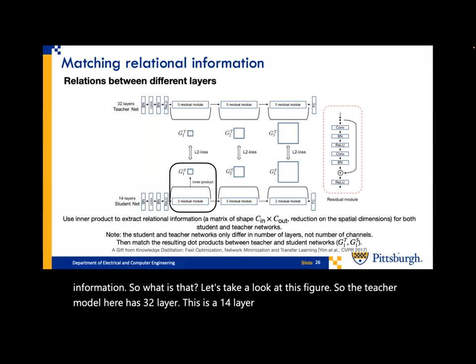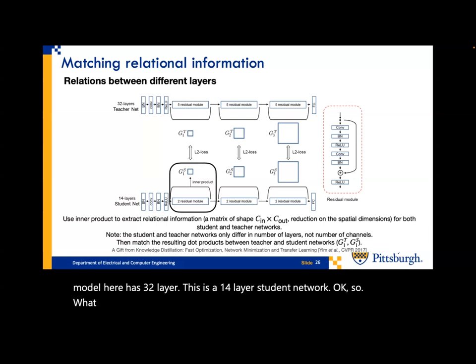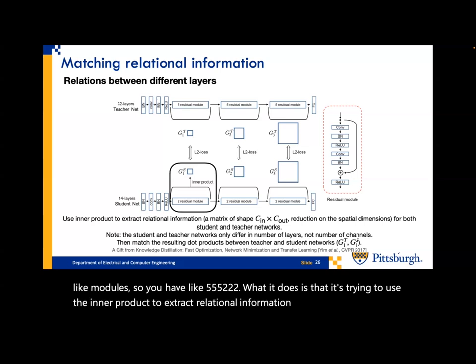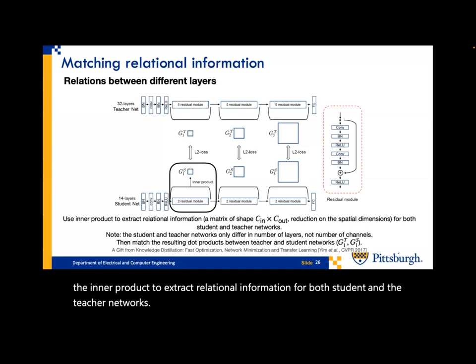If you look at these residual modules, you have 5, 5, 5, 2, 2, 2. What it does is it uses the inner product to extract relational information for both the student and the teacher networks. What is this relational information?